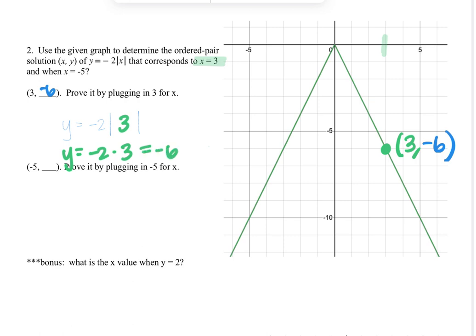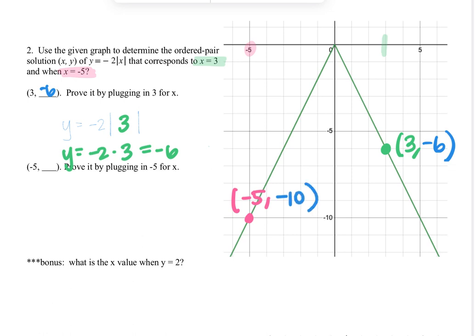So let's try it now for when x is -5. Let's go and find that. x is -5 is way over here. Let's cruise it down and find the appropriate spot. And we're here. So when x is -5, what is y? Well, it appears to be -10.